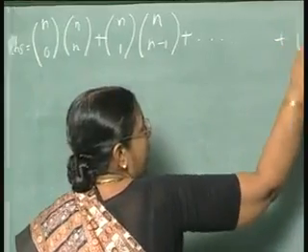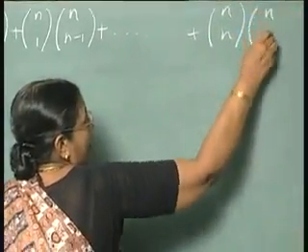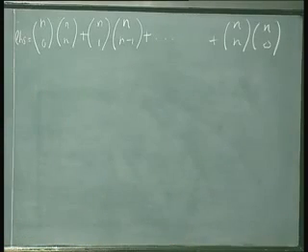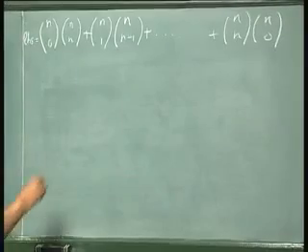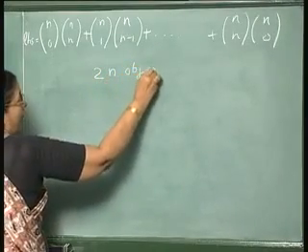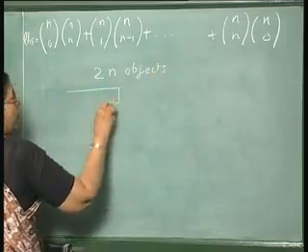By a combinatorial argument, what does this represent? You have two sets of n objects. Now I want to choose n objects out of 2n objects.